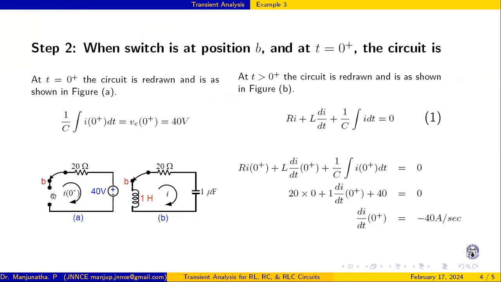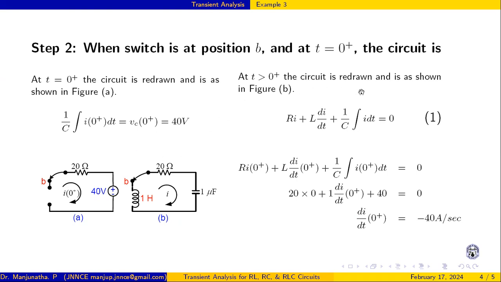Since it has a high impedance, we can say it acts as an open circuit at t is equal to 0 plus. When we redraw the circuit, the capacitor is replaced with a voltage source of 40 volts. This is the voltage across the capacitor, so Vc of 0 plus is 40 volts.